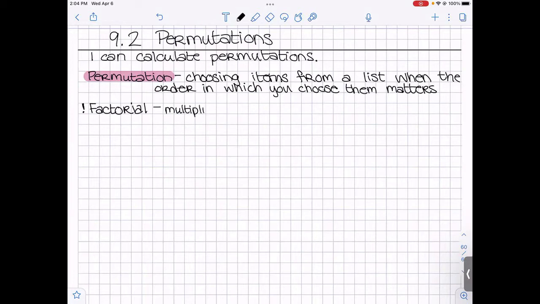And this is multiplying all whole numbers from the chosen number to 1.